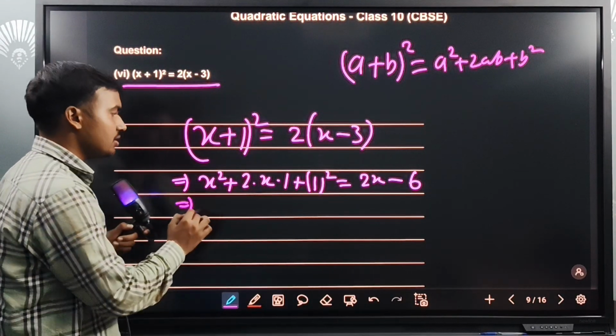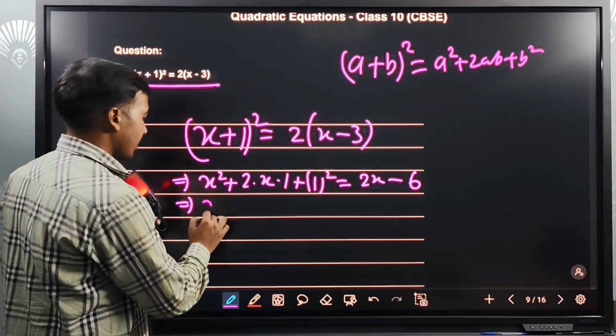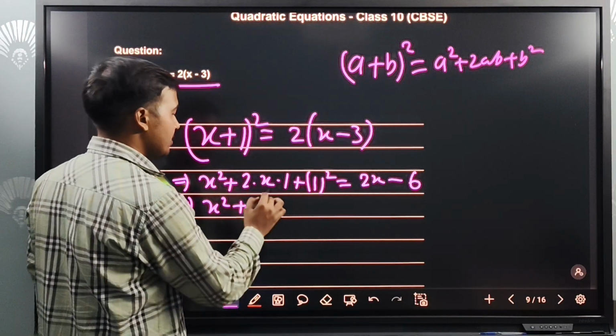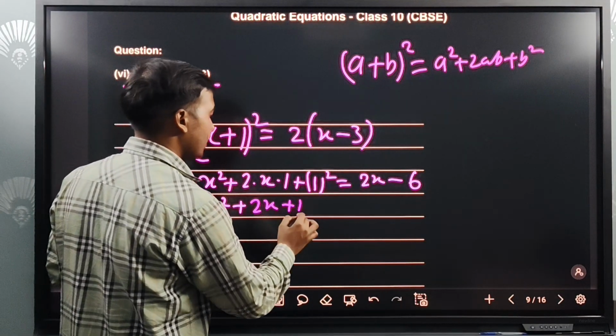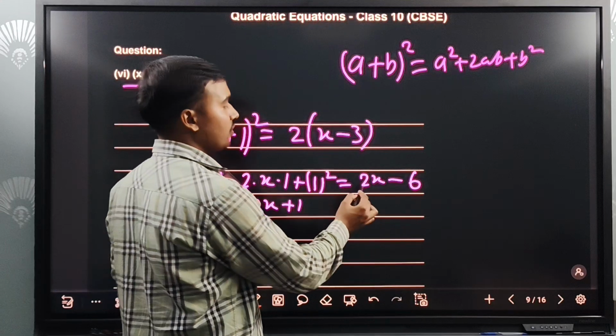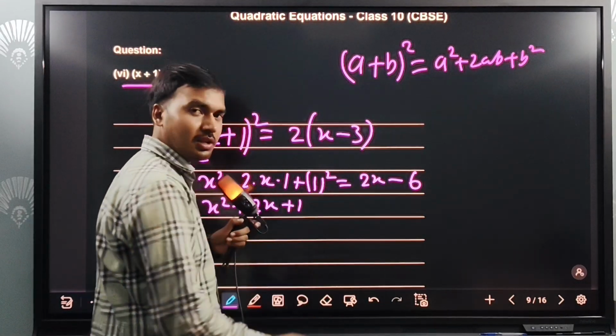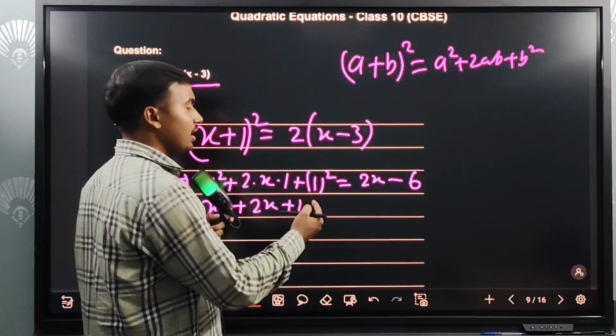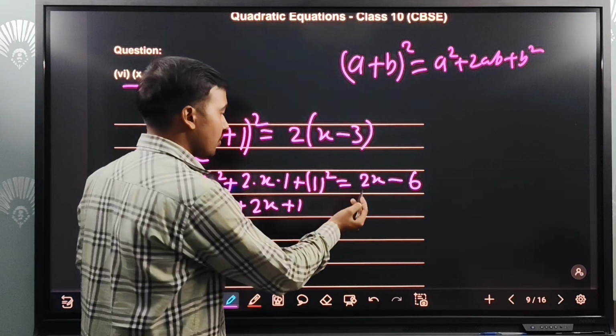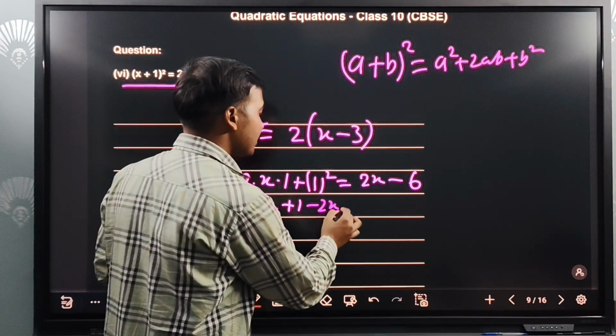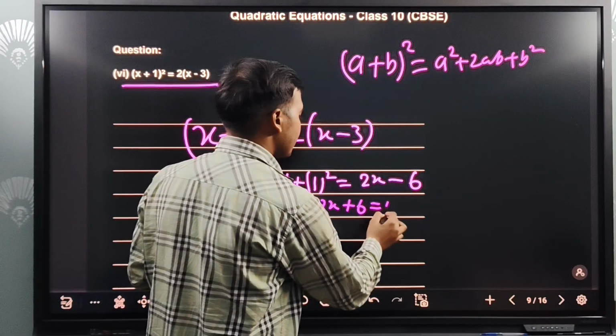So on solving this, you will get x square plus 2x plus 1. Now you can bring both terms to the left hand side, so I am bringing them in this step only. I will get minus 2x plus 6 is equal to 0.